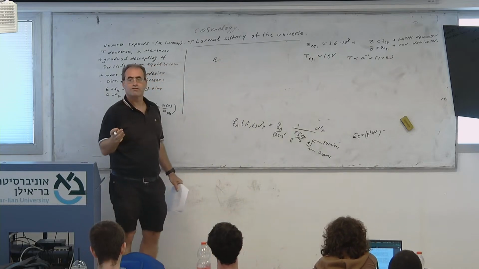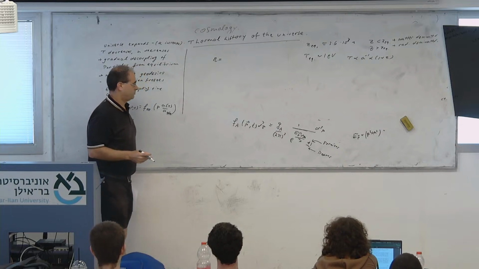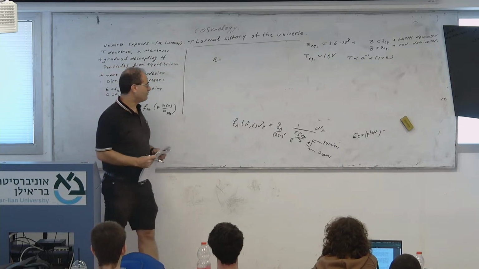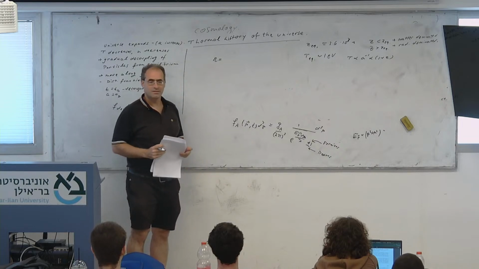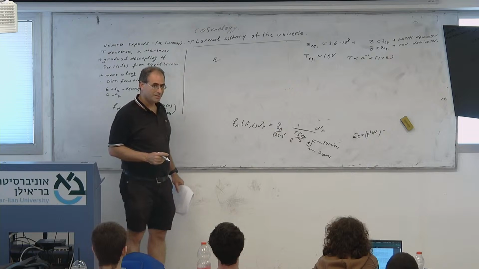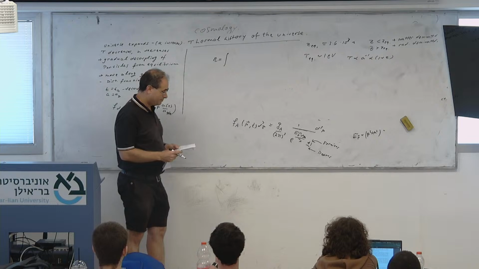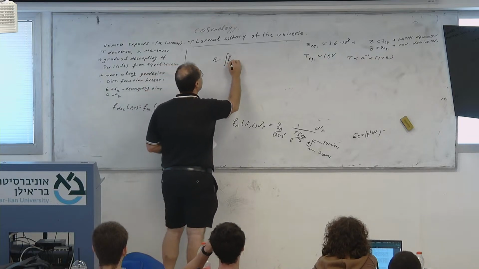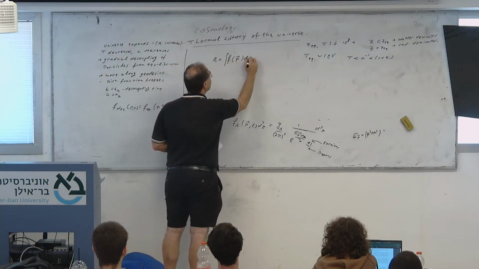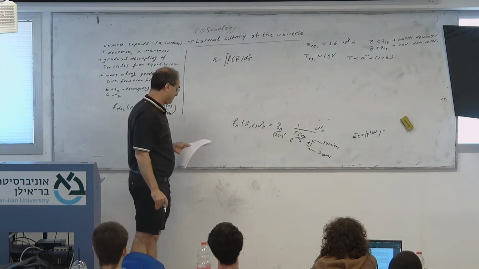If I give you the distribution function of a particle, how do you get the density? You integrate n times f of p dp. Isn't the distribution function also dependent on the number of particles?